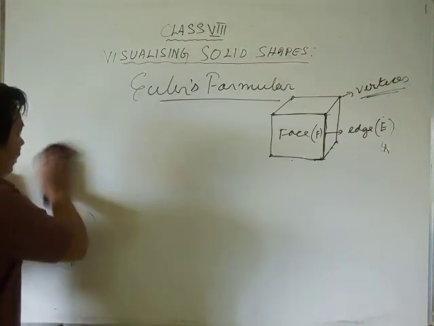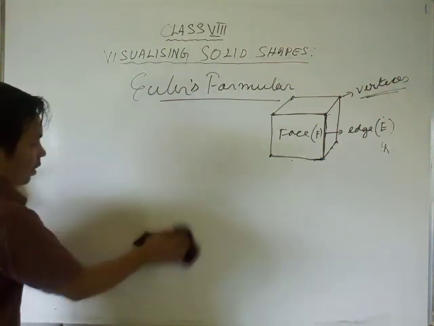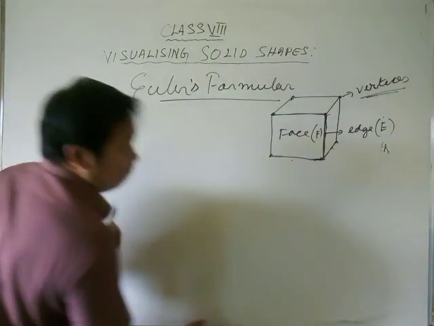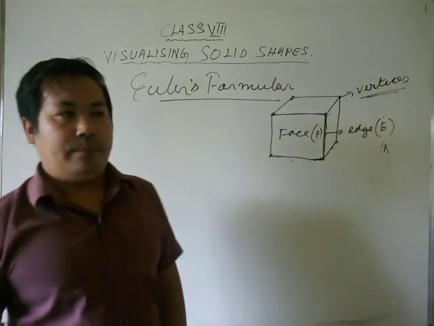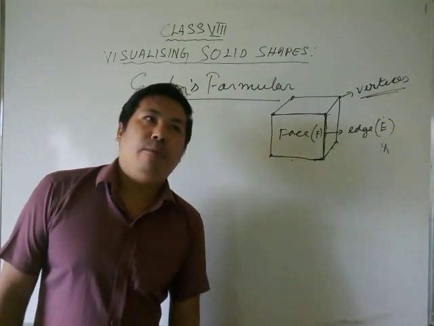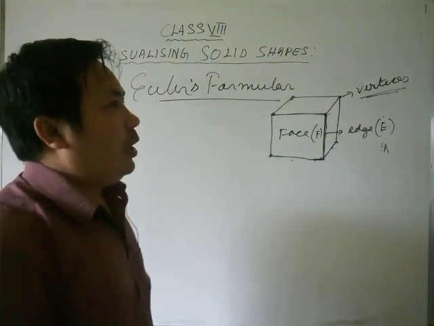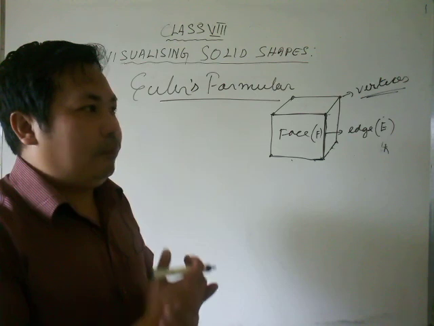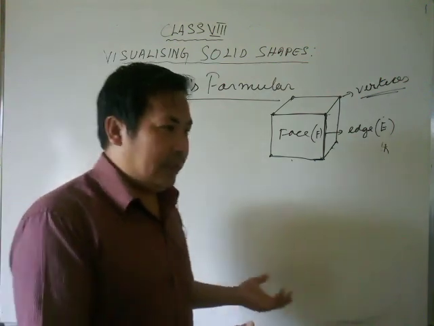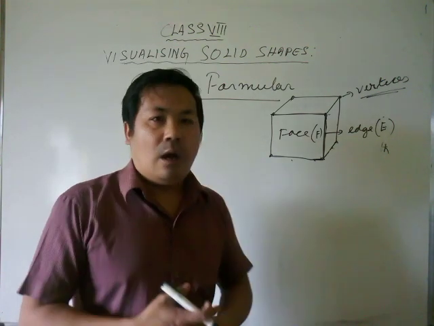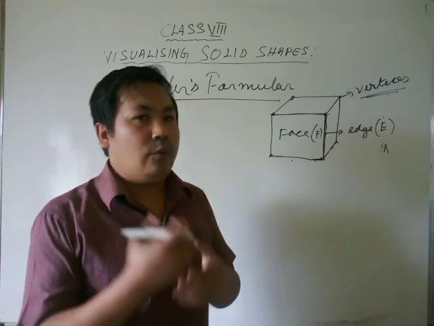So many solid shapes are there, and these shapes are called polyhedrons. Many types of polyhedrons are there. For a given polyhedron, we can find out how many faces, how many edges, and how many vertices there will be.